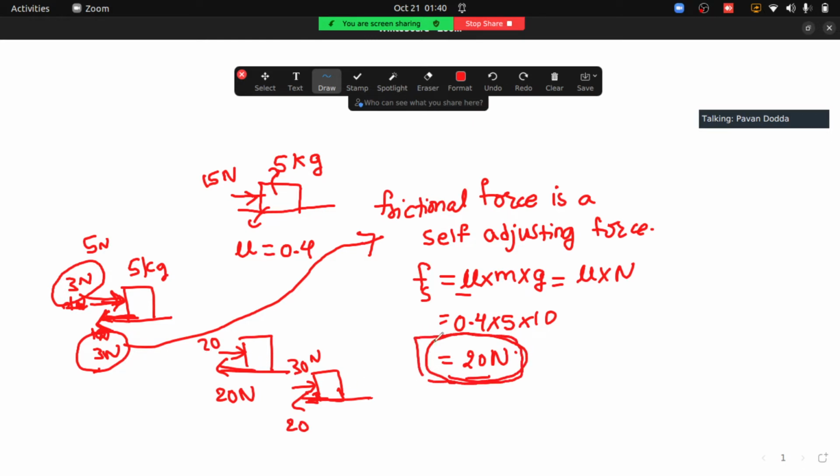Up till you apply a force below 20 Newton, it's going to self-adjust and get the same value as the applied force. If I apply 3 Newton, the frictional force is 3 Newton. If I apply 5 Newton, it is 5 Newton. But if I apply 30 Newton, or a force above 20 Newton, then the frictional force is just 20 Newton itself.